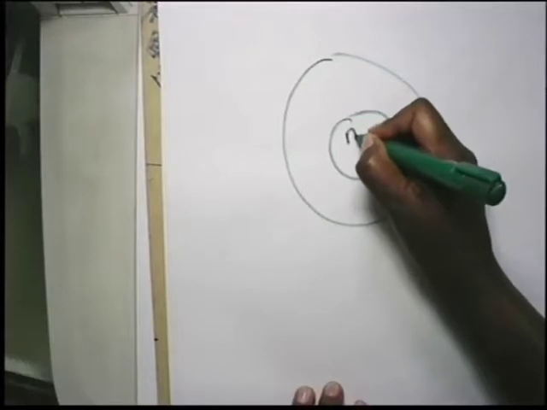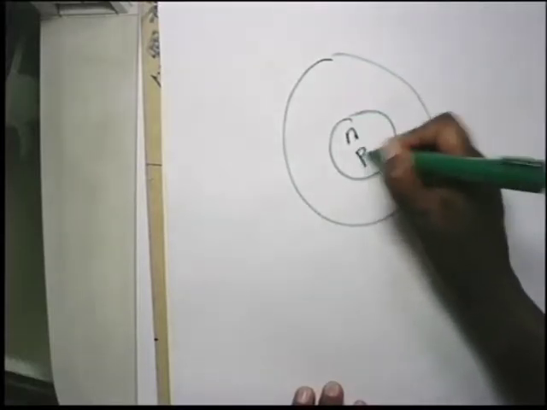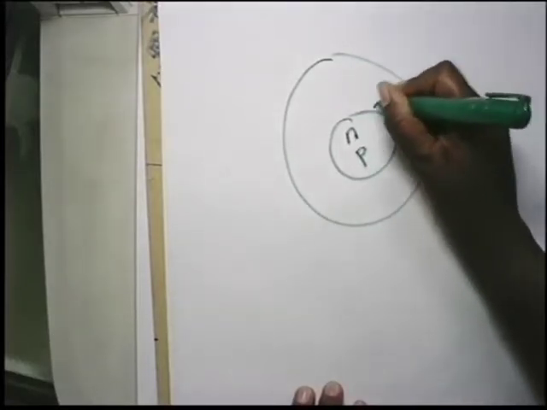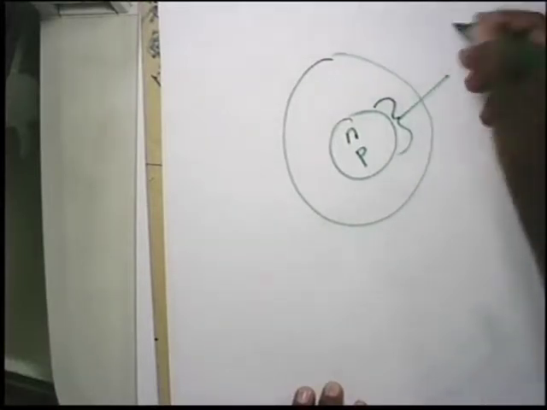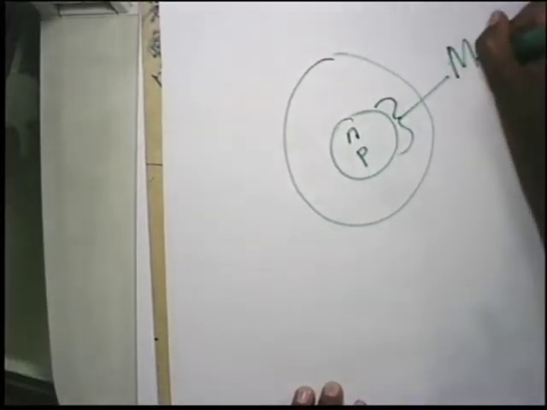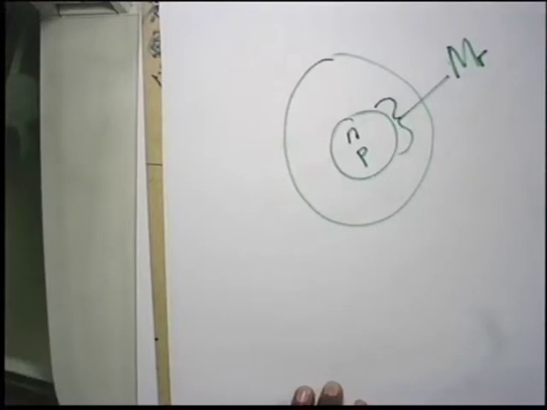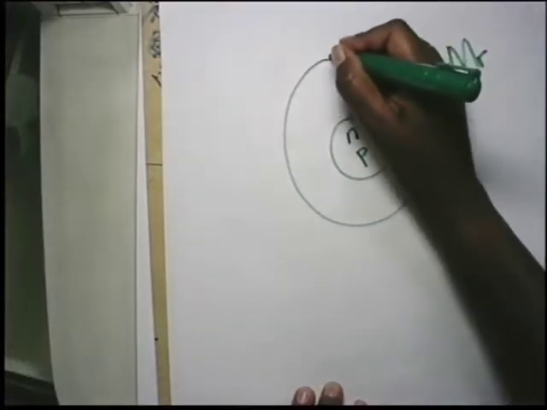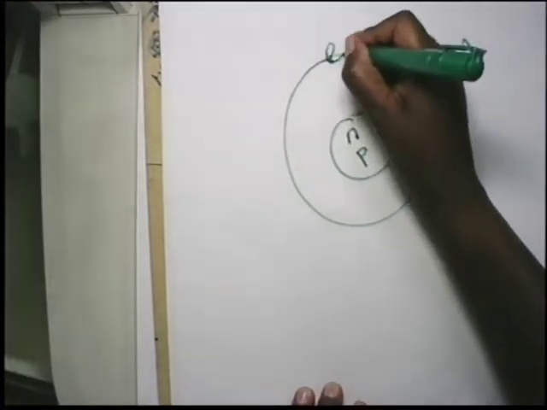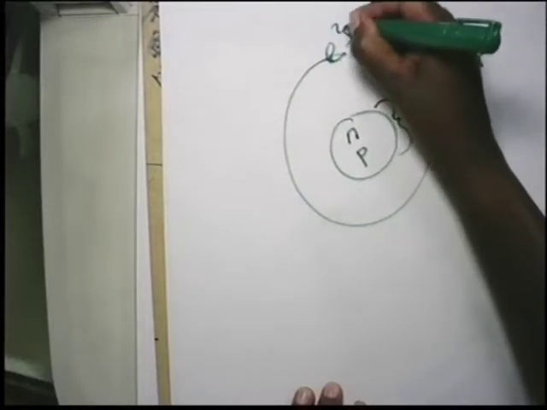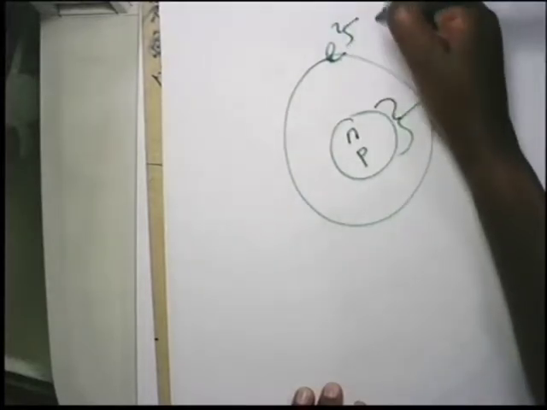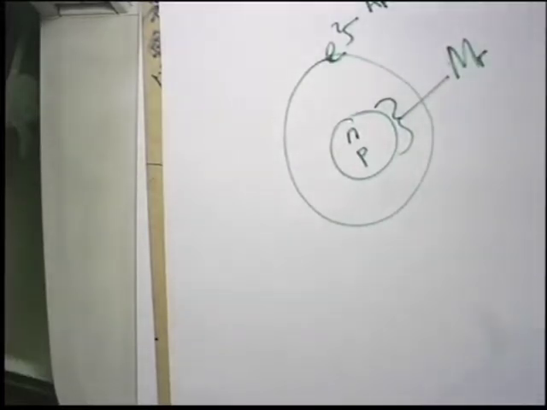The number of neutrons and the number of protons, these numbers here in the nucleus, give us the relative molecular mass. And the numbers out here in the shell, the electrons, give us the relative atomic mass. That's how we can determine it.